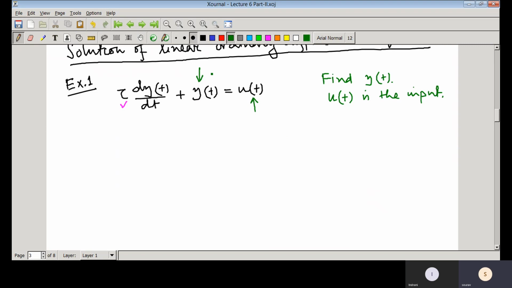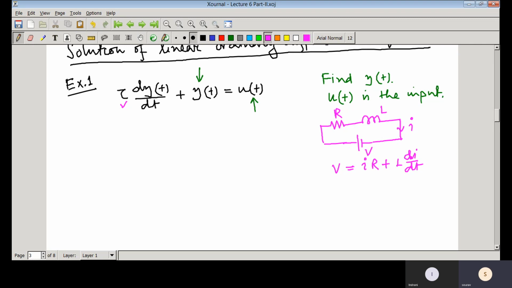For example, suppose you have one RL circuit. This is the voltage source, you can take it as a DC source, with V, R and L. Then if the current is i, V equals iR plus L di/dt.